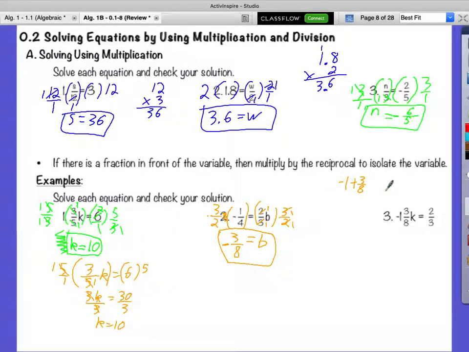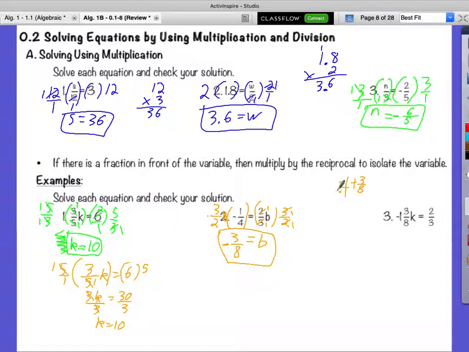If we take -1 plus 3/8, we still put the plus sign between them, beside the whole fraction. If we're going to add or subtract fractions, what do we need with the denominators? They have to be the same. So this one is going to turn into -1 over 1. What could be our common denominator? If this is 8 and this is 1, we can make both into 8. How do we make 1 into 8?